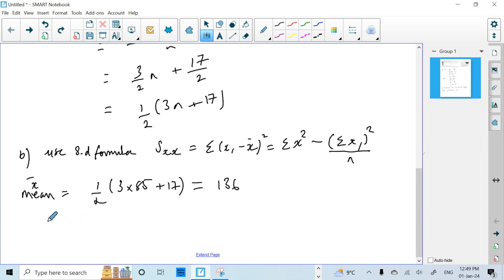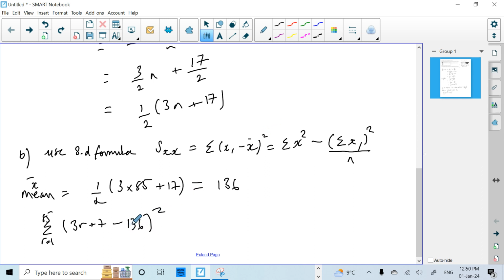Now I can use the summation formula. The sum from r equals 1 to 85, and now I can just put things in how I started before: 3r plus 7 minus the mean, which is 136, all squared.